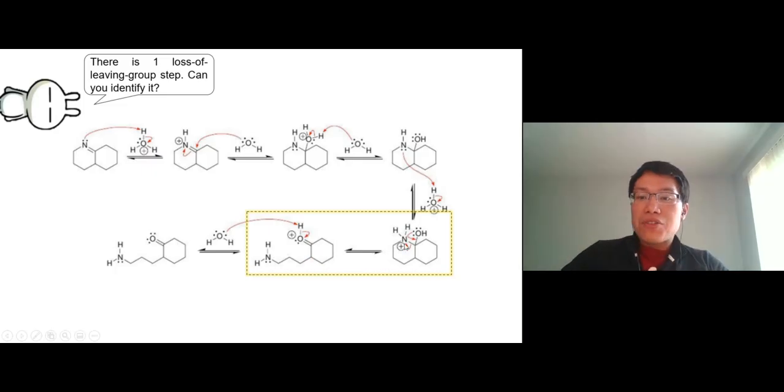Well, that's because this nitrogen is bonded to this molecule with 2 bonds. We break 1 bond. If this nitrogen didn't have the other bond right here, it probably would have left the molecule. Right, this is a cyclic compound. Okay, but this bond is actually broken. So nitrogen leaves that carbon. Okay, so there's a loss of leaving group.